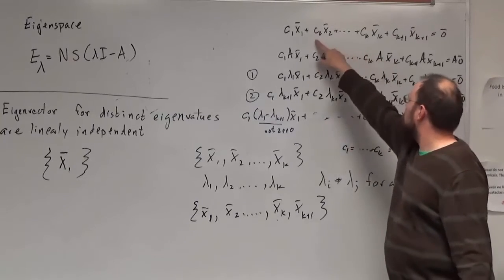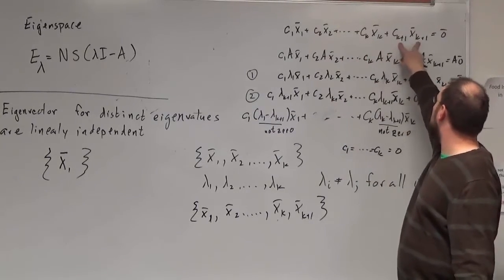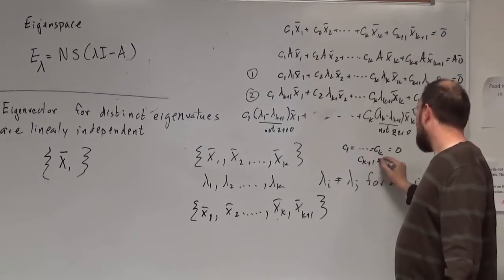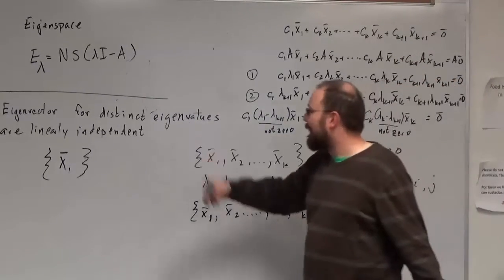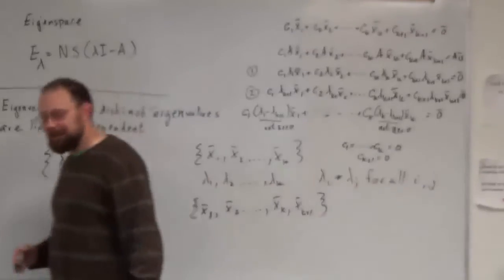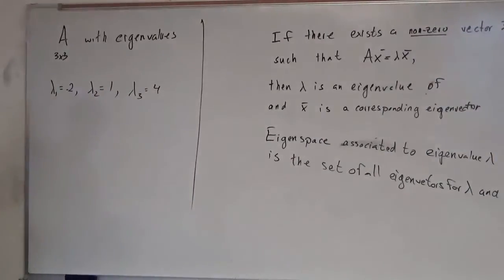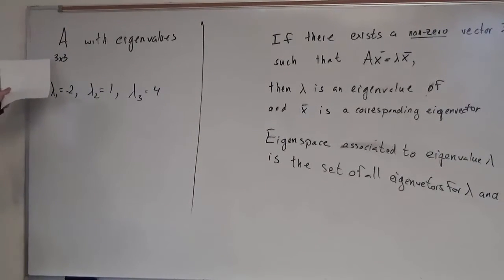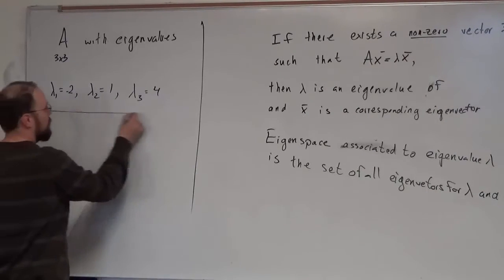And of course, if these c's are 0, then since this is a non-zero vector, this has to be 0 as well. This is important: eigenvectors for distinct eigenvalues are linearly independent. So I'm guaranteed that I'm going to get three linearly independent eigenvectors for this matrix. So we have distinct eigenvalues.